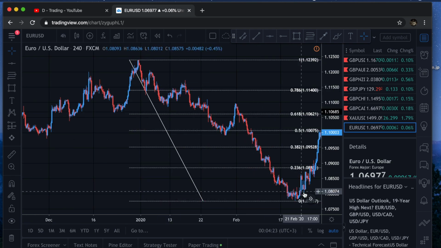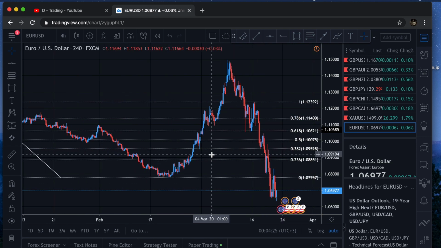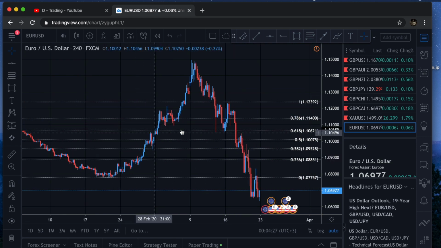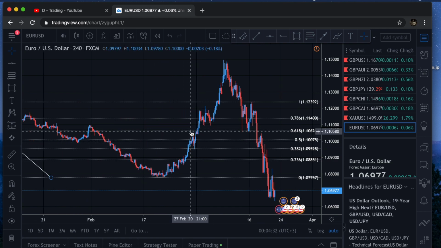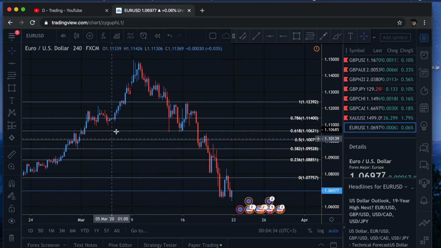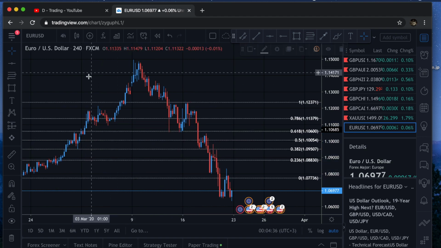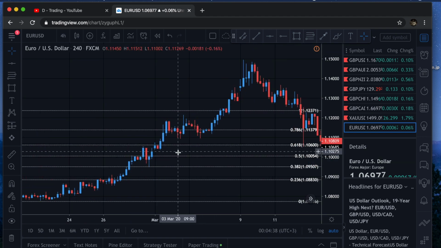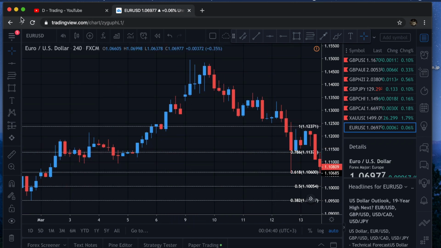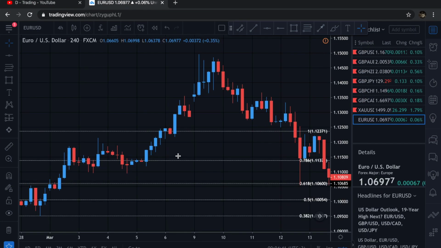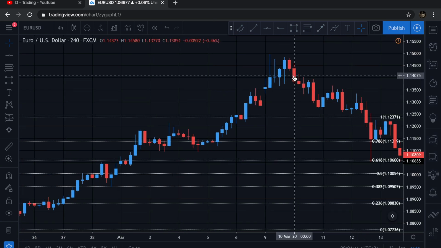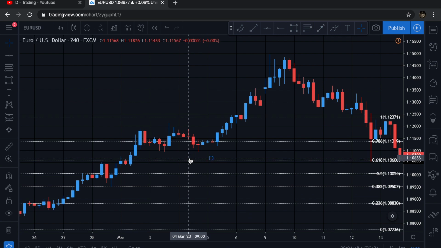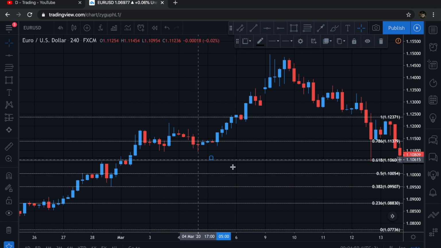So this trend is over. When it touches 61.8 is when I am going to enter. So right here, do you guys see it? Let me just zoom in a little bit. Okay. So the market came really close to 61.8 over here.